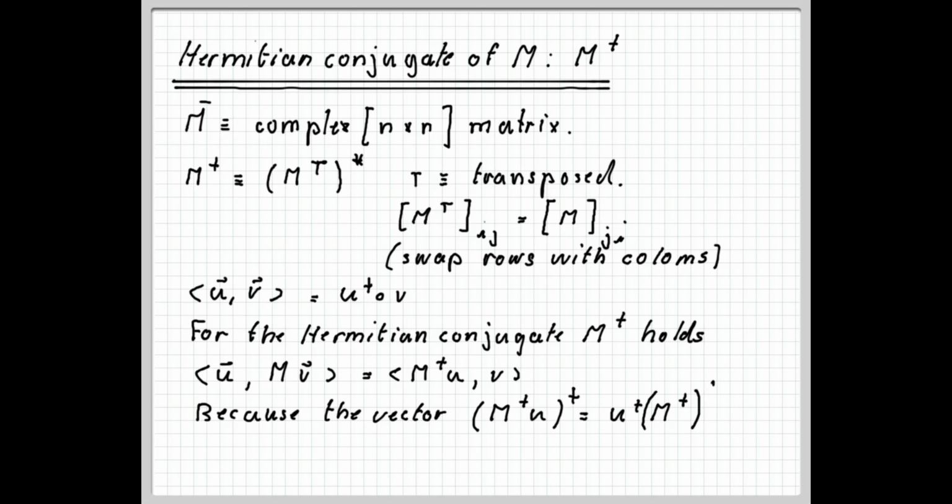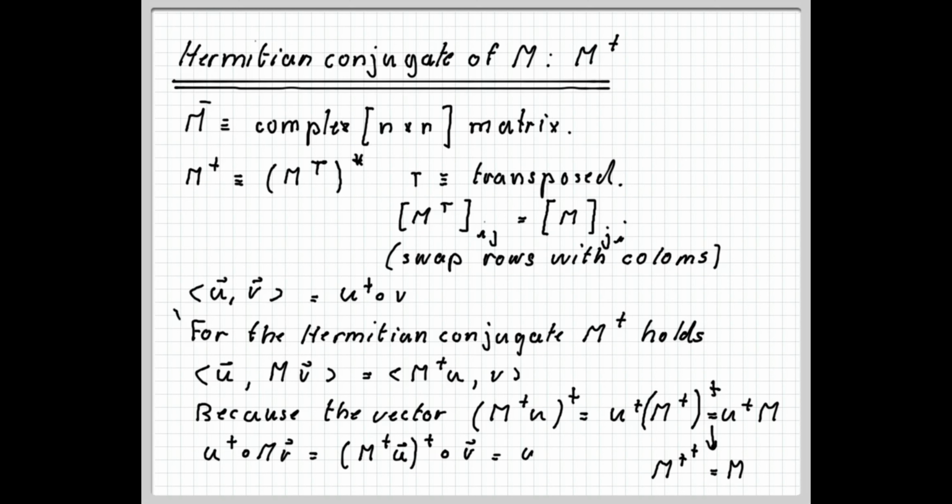That is actually u dagger M dagger dagger, and twice the dagger is again u, so that gives me u dagger M. Multiply it by v, and that should be the same as M times v multiplied by u. This. And that indeed holds. So indeed, we can take this as the defining property of the Hermitian conjugate.